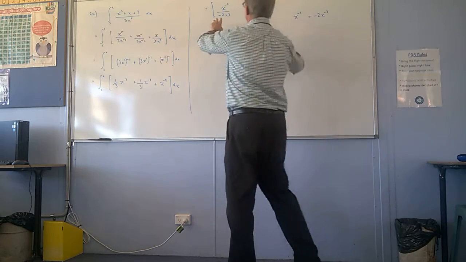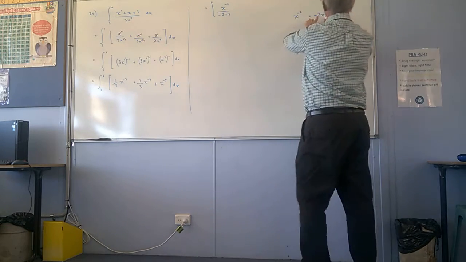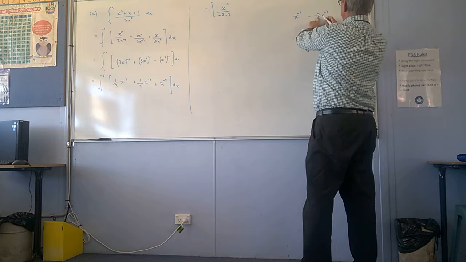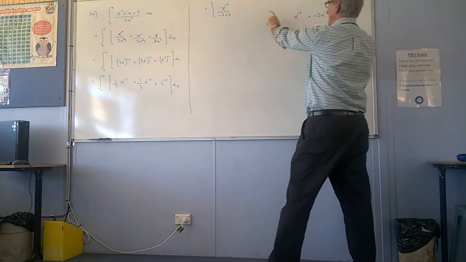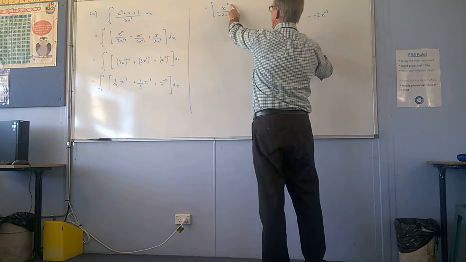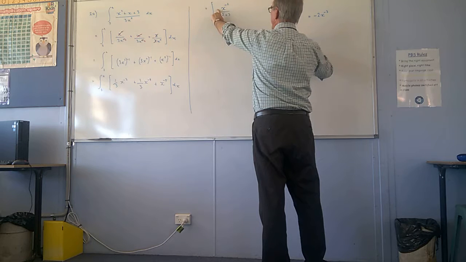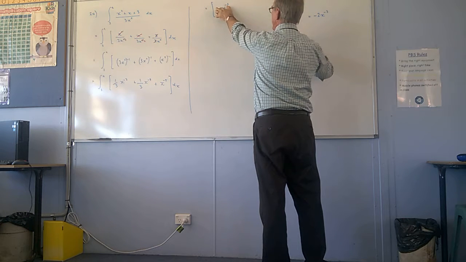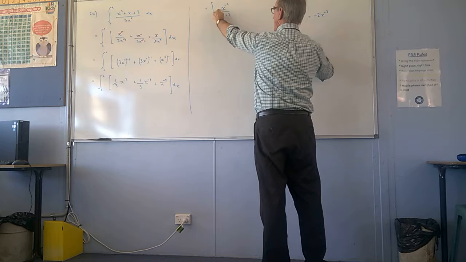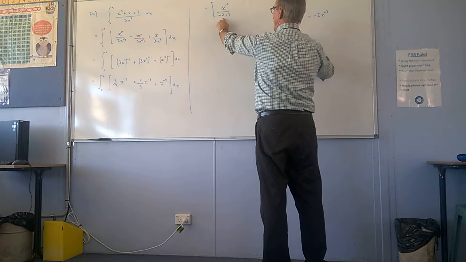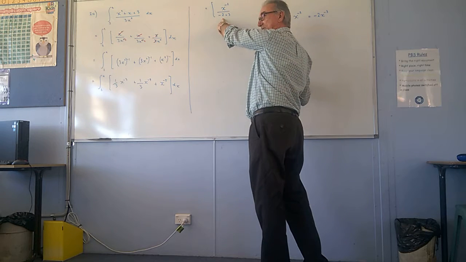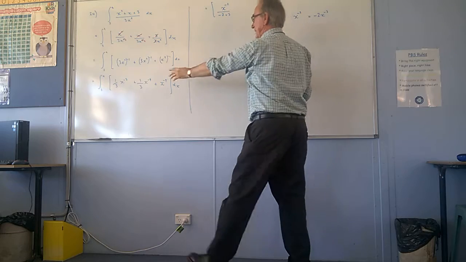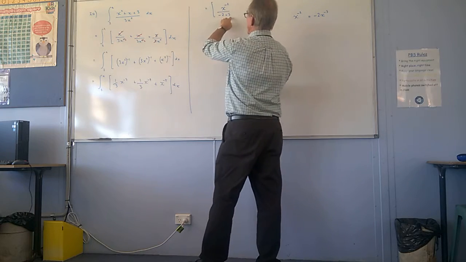Because I don't want the minus 2. If I take the derivative of that, it's going to take that down the front and make that a minus 3. But I don't want a minus 2 there, so I'm going to have to divide by minus 2. I want it to be a third of that, so it's going to be that.